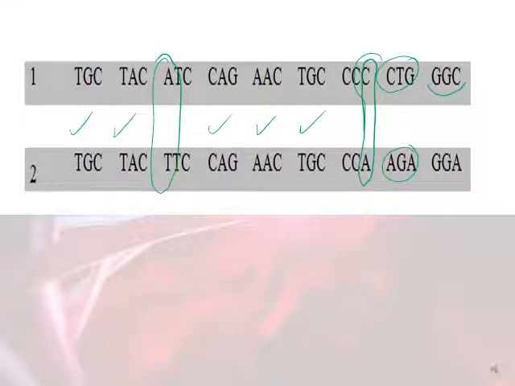GGC is replaced by GCA, so C is replaced by A here. You can determine this by numbering them. So here it's position number 7. Then 12, 15, 18, 19, 20, here at position number 21, at position number 22, 23, 24, 25, 26, and at position 27.